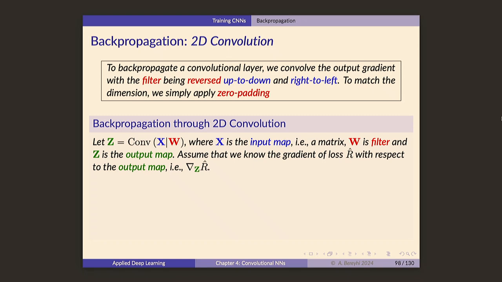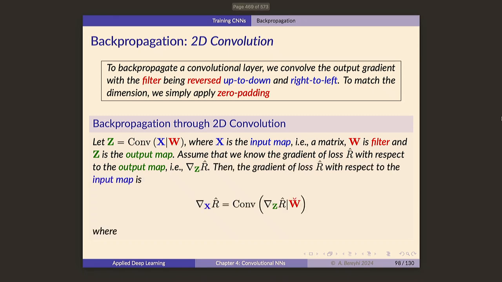This is the convolution of map X with filter W. And then if I do know what is the gradient of R hat or any function with respect to that Z, if I want to compute the gradient of that function with respect to X, the only thing that I need to do is to just write it down again in the form of convolution, but instead of X, now I put the gradient with respect to Z. Instead of my filter W, I'm going to put this W hat inverse, right? And this W hat inverse is simply the reverse version. The same thing we did on the board, right? Clear?